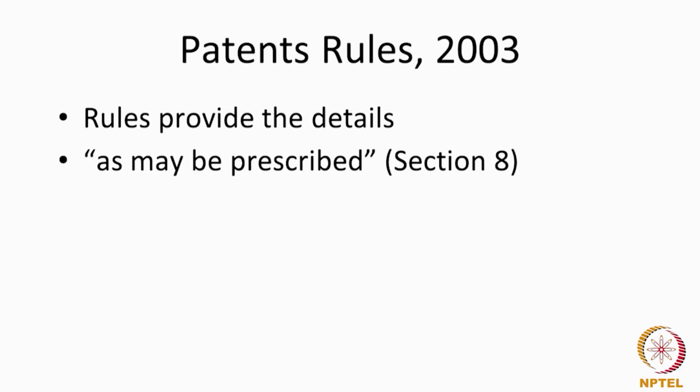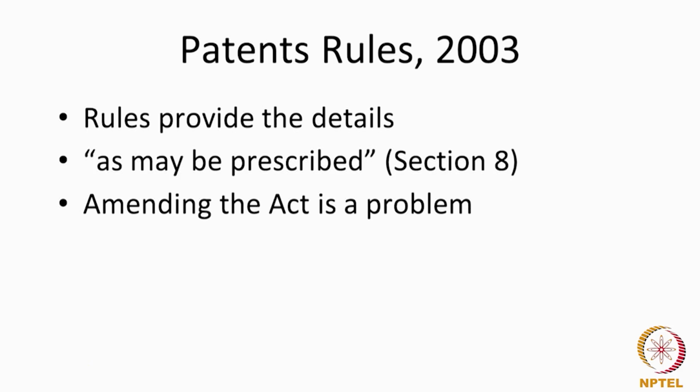The fee structure will have to change, and that can be done by changing the patent rules rather than the Patents Act. So, wherever you find this language in the act, as may be prescribed, within the prescribed period, within the prescribed time, you will find a corresponding reference to the details, how many months or how many years, in the rules.